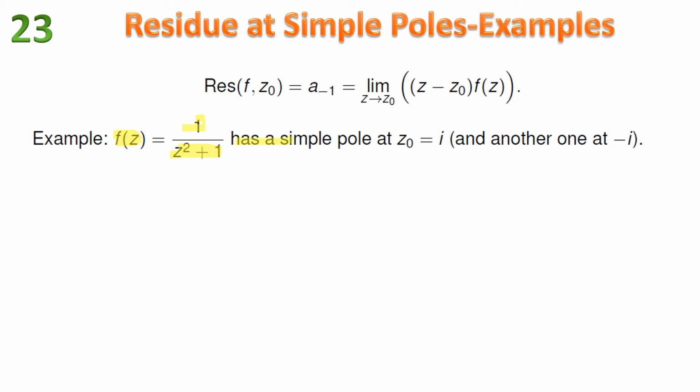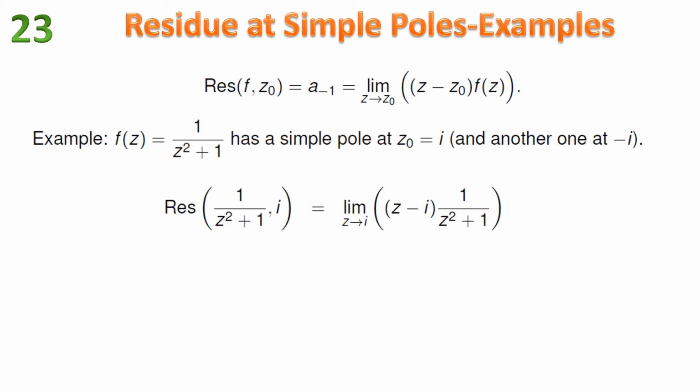This has a simple pole at z0 equal to I, and another one at minus I. Let's not bother with that. So the residue of the function 1 upon z square plus 1 at I can be limit z approaching I, z minus I times 1 upon z square plus 1. So we have to make some adjustments and solve this limit.